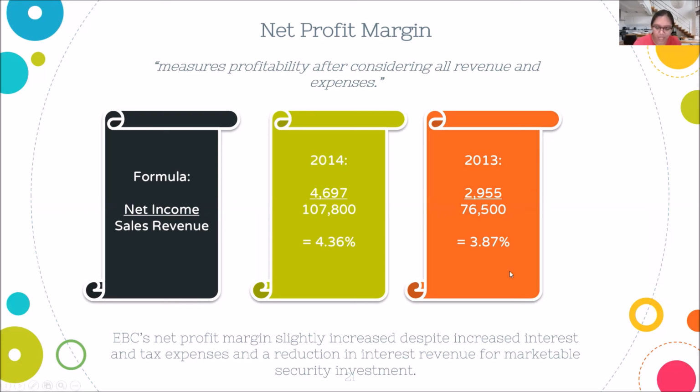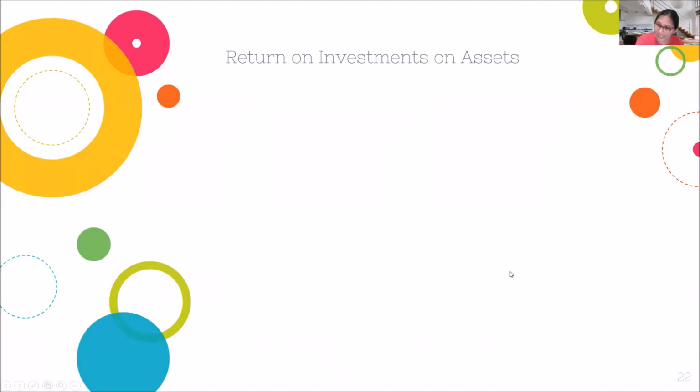Okay? Next. Okay, the last two ratios under profitability. Actually, we will compute the financial leverage later, no? I will discuss it a little later. So when we see return on investment on assets, ito yung tinatawag kong ROA, and the return on equity.